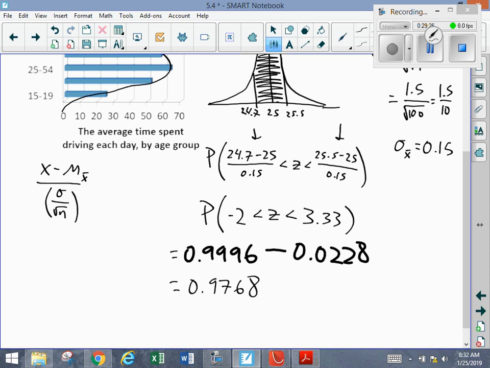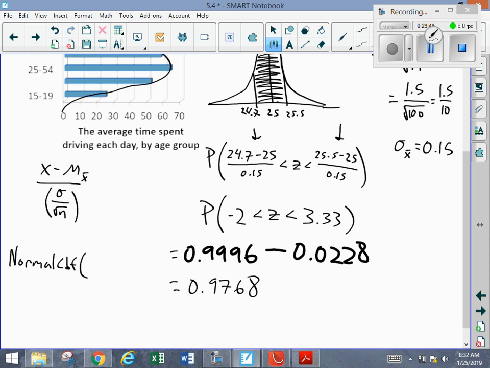So we did that just using a z-table first. If we weren't going to use a z-table, what we're going to do is go normal CDF in the calculator.